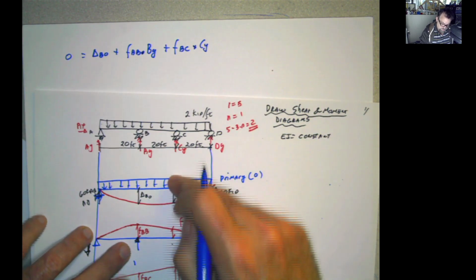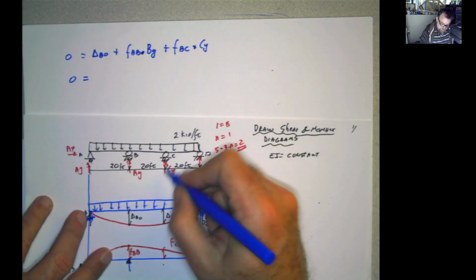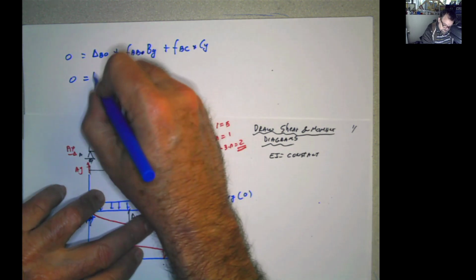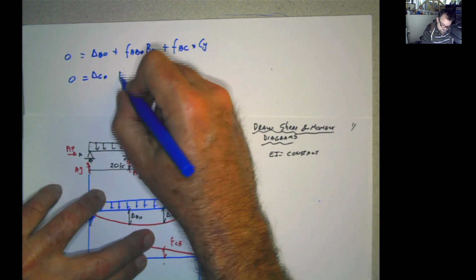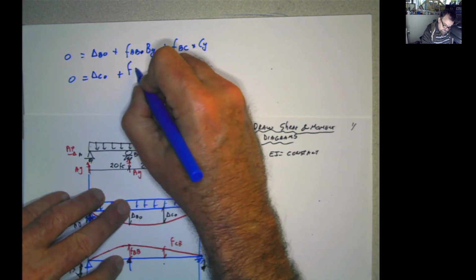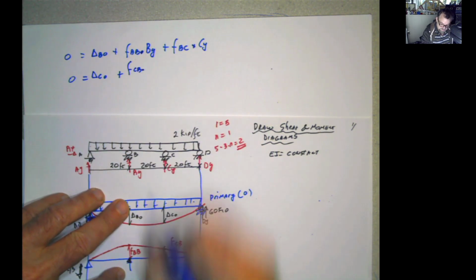And in the other point, here, the deformation should be 0 also. And that means that this is delta C in my original or primary, plus, now, when I push it here, that is producing this deformation here, which is FCB multiplied by, if it was 1, but now it's not 1, it's BY.